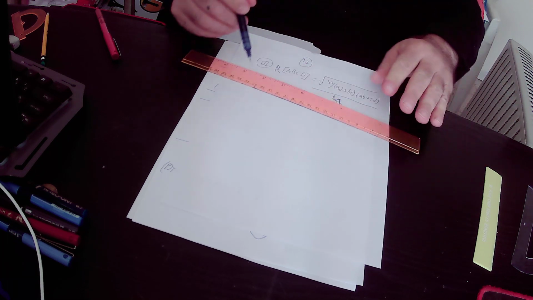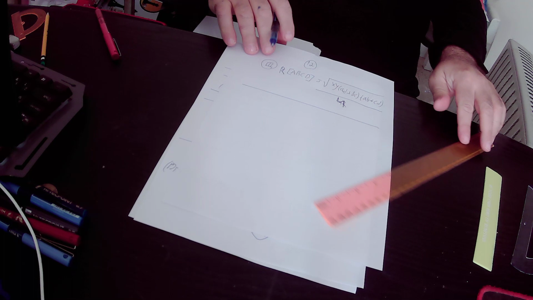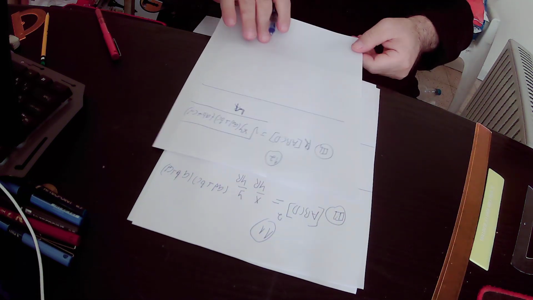Here we will divide by the area of quadrilateral ABCD, and in this way we will get the radius of the circle that we are looking for.